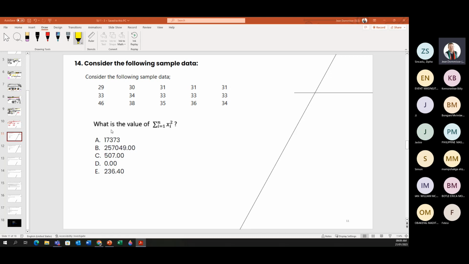So what is the value basically of a sum where you say that to the power of 2 plus that to the power of 2 plus. So you basically need to make that calculation.